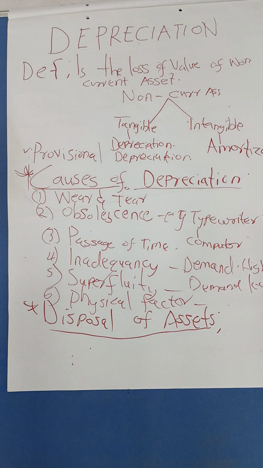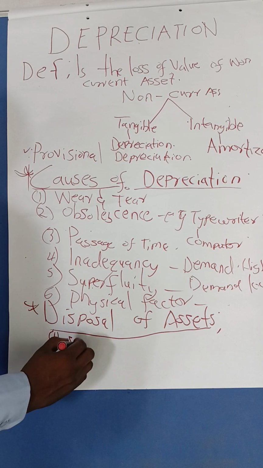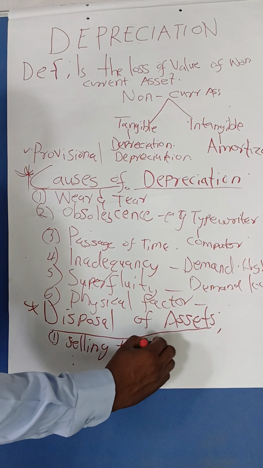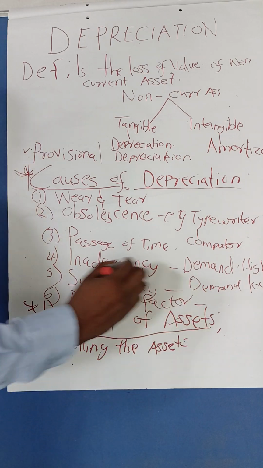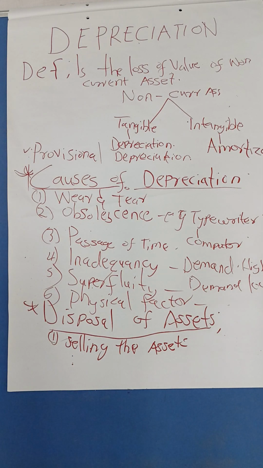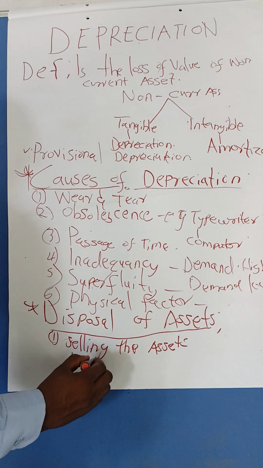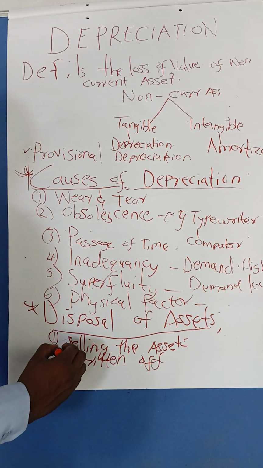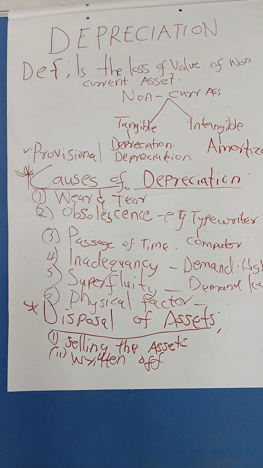One, we can dispose of them by selling the assets. That is one. So we'll decide, now that we have undergone this, to sell the asset. Assets can also be written off. Some organizations write off some of their assets.